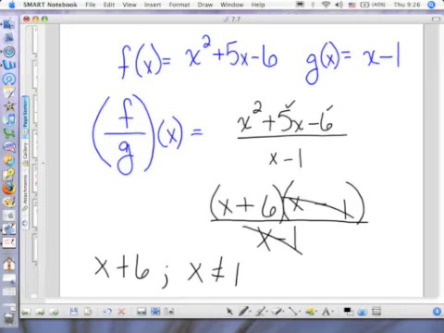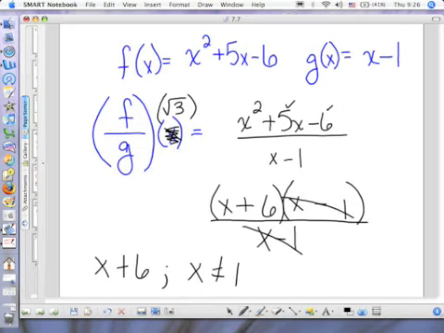Now, why would we do this? Suppose I had said, I want you to find f divided by g of the square root of 3. You could either plug square root of 3 into these two original equations and then try to figure out what your answer is, or once we've simplified it, it's going to be x plus 6.